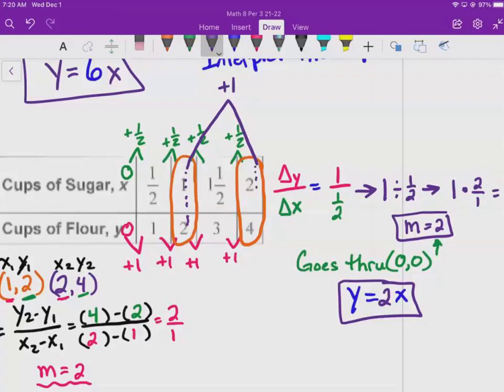And I used this 2, so I got to start down here with 4. These are why doop doops come in handy. How far is it from 2 to 4? Plus 2. So this is my change in y. This is my change in x. And now I have change in y over change in x.